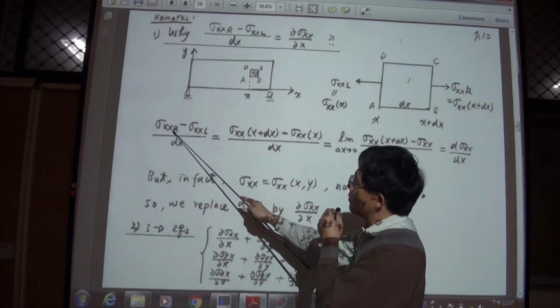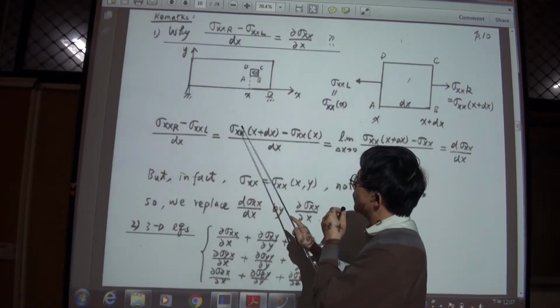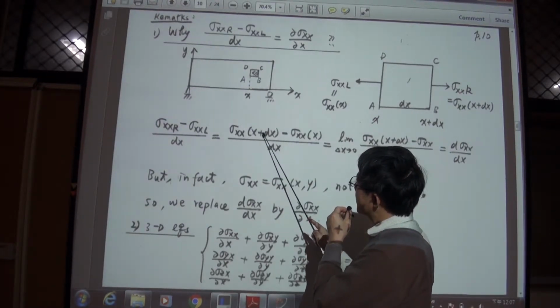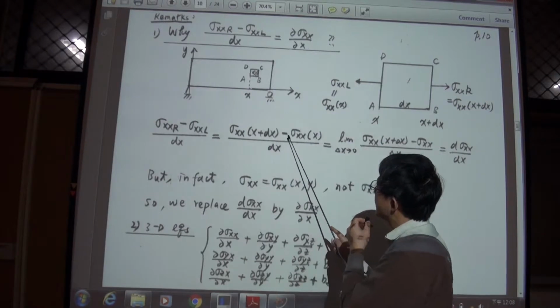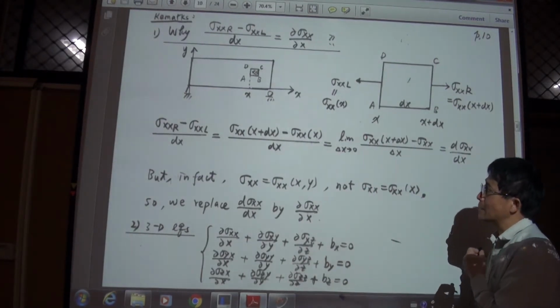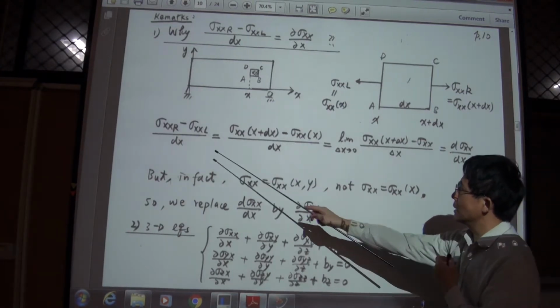Sigma xx right minus sigma xx left is replaced by sigma x as a function of x plus dx minus sigma x at coordinate x, and then divided by dx.